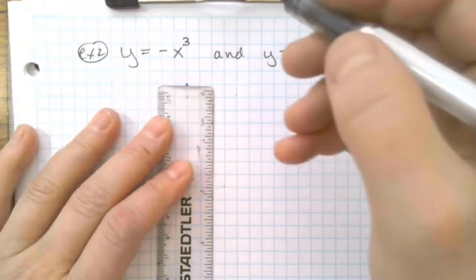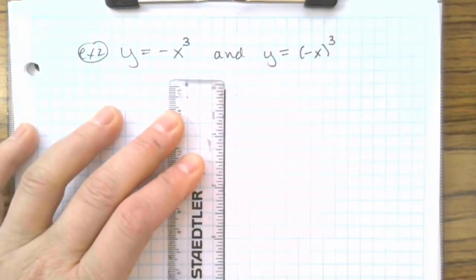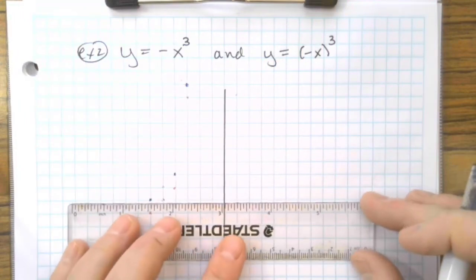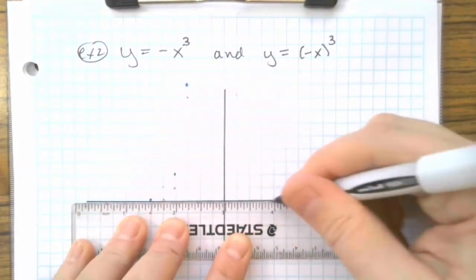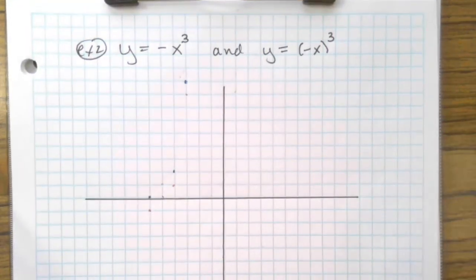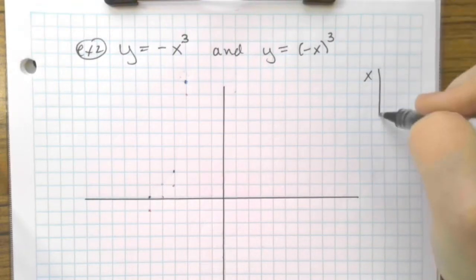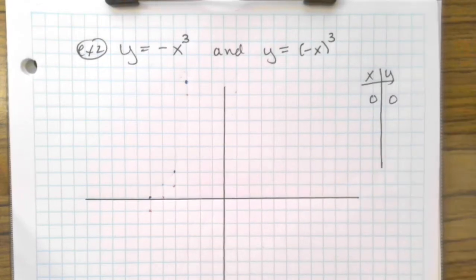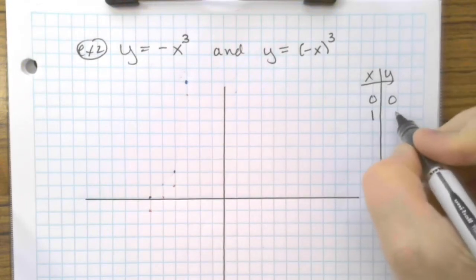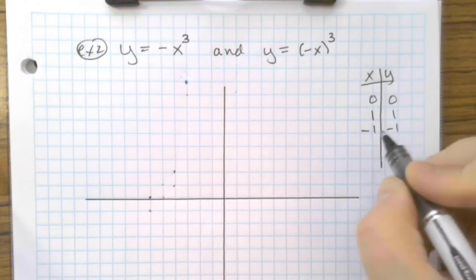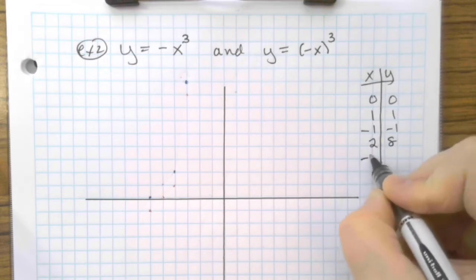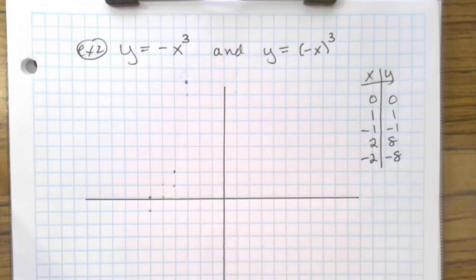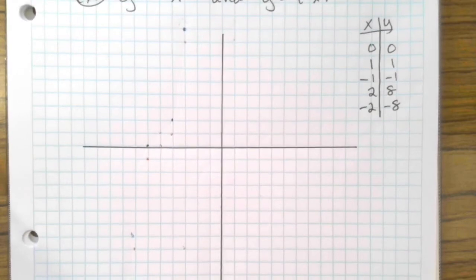All right, so let's draw our graph. Okay, so our base graph, let's put the points over here. Our base graph has an inflection point at (0, 0), (1, 1), (-1, -1), (2, 8), (-2, -8). And yes, you will have those memorized by the end of your homework.